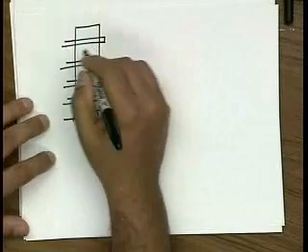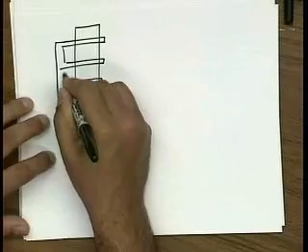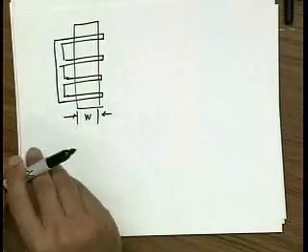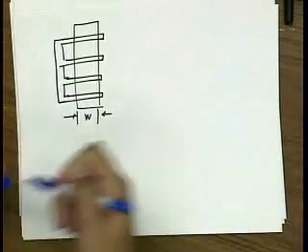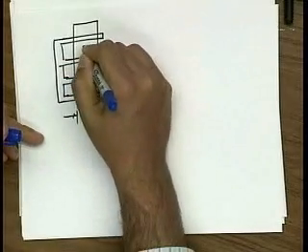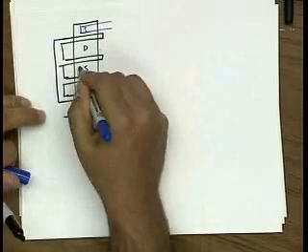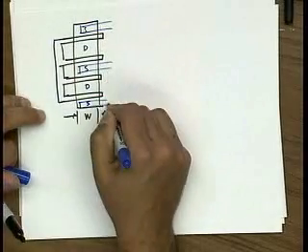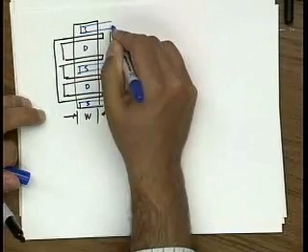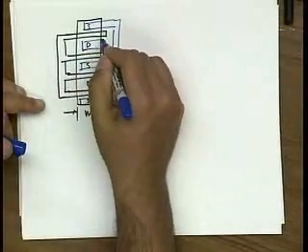And I connect all the gates together. And then I share junctions. So this is my source, drain, source, drain, source. And I can connect all my sources together. And I can also connect all my drains together.